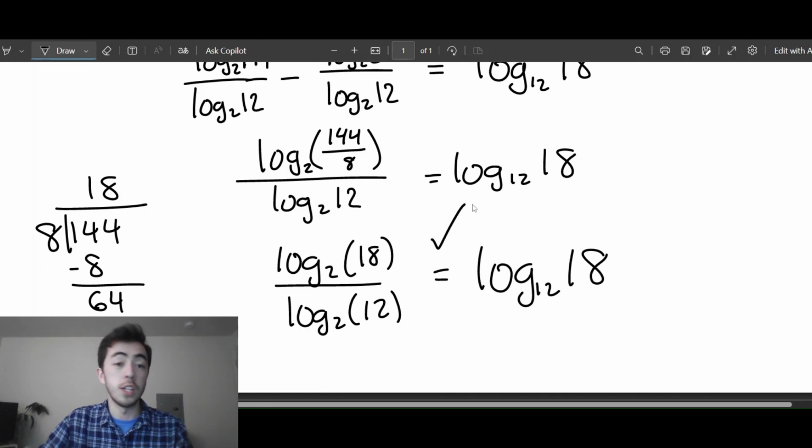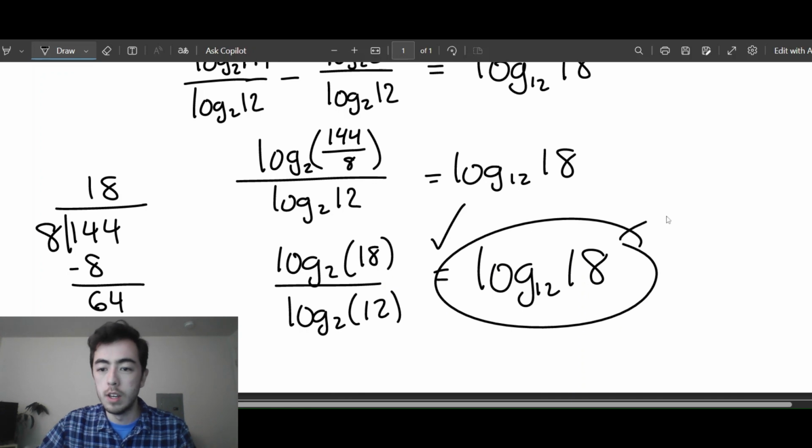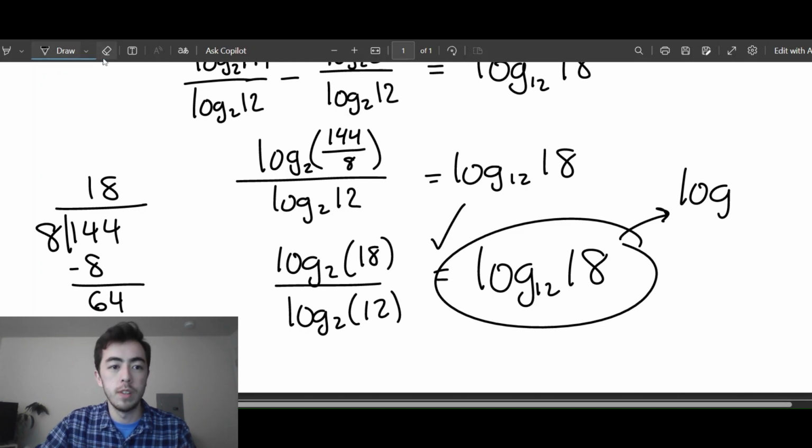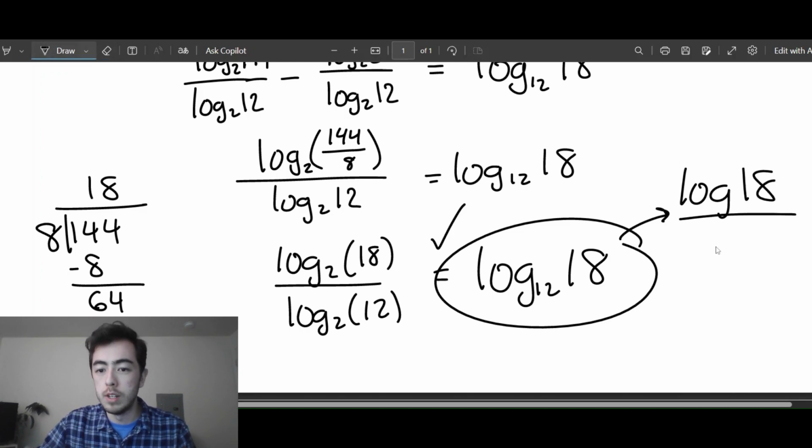There is a change of base rule where if you have some kind of logarithm like this, you're allowed to write it as log of the top one, so I guess I'll just do 18, log of the top divided by log of the base. So these two things are equal to each other.